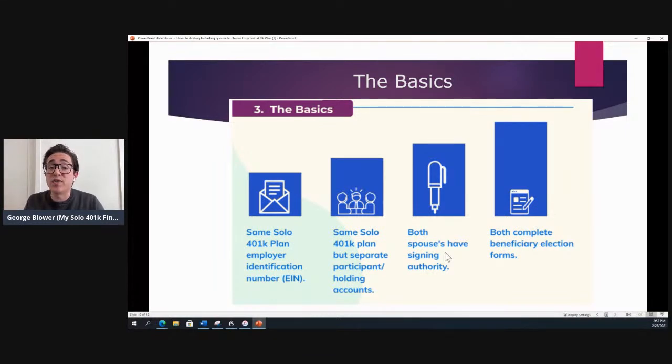Can they be added as a trustee so they can help administer the plan? The answer is yes. They don't need to have self-employment income to be the co-trustee. But if the other spouse is actually reporting their own self-employment income and wants their own account, then both spouses will be trustees. So it'll be a two-participant, two-trustee situation, and both trustees have signing authority.